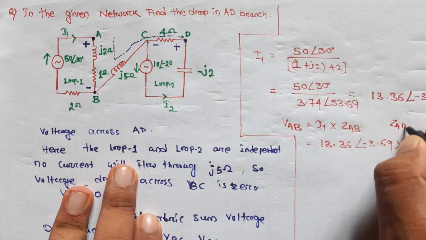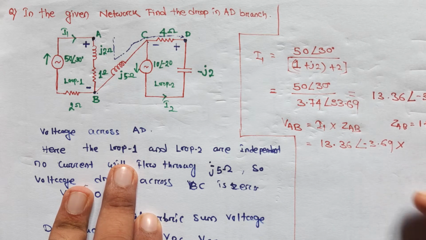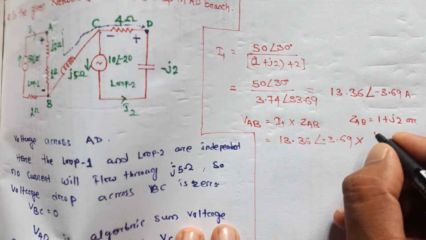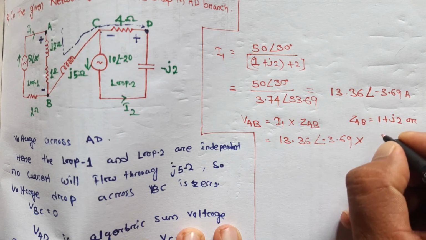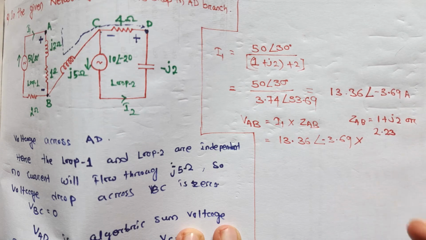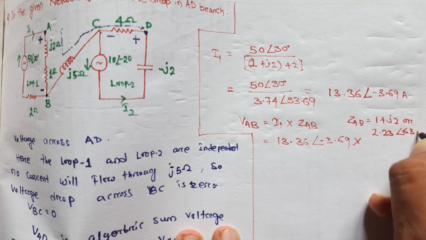ZAB is equal to 1 plus j2, or in polar form 2.23 angle 63.43.